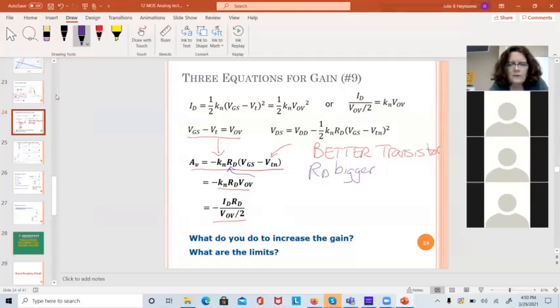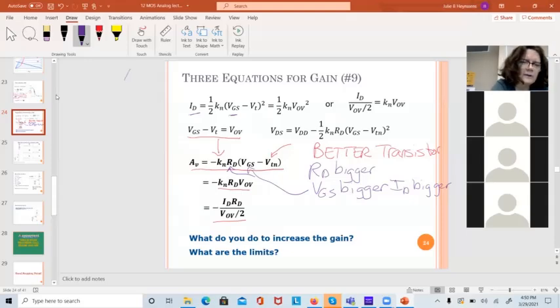The other thing I can do is make VGS bigger. But if I make VGS bigger, I'm also making the current bigger. But any one of those things should increase the gain. And the limits are pretty much, if we go back to that circuit, V in, V out.